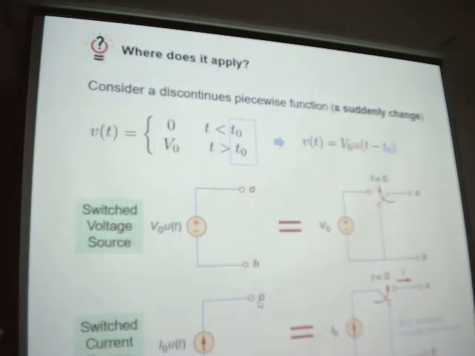So if in a circuit we see some source equal to v(t) times the step function, we must know there will be a switching sign, okay? And we can also put u(t) minus something here or u(t) plus something here. It means that function is an advanced function or a delay function, okay?